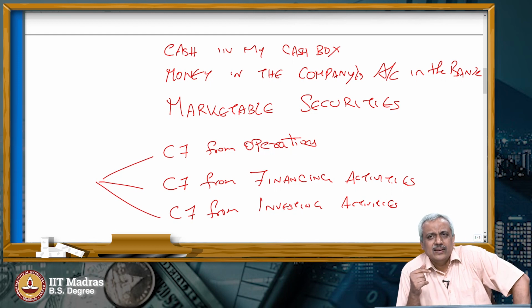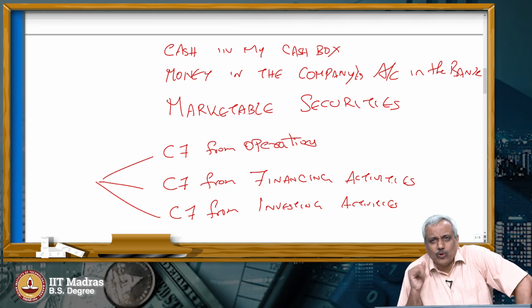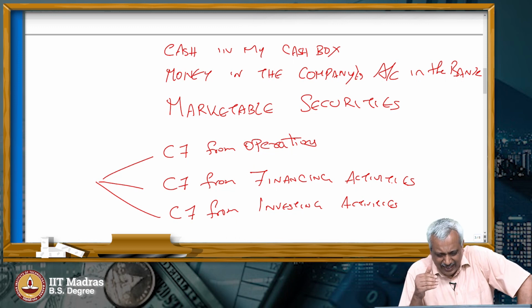So, what do we do? We classify the cash flows, both inflow and outflow, money coming in and money going out, into these three categories: operations, financing and investment. By investing, what do we mean? I create any asset, use the cash.